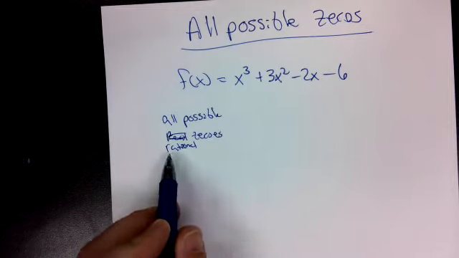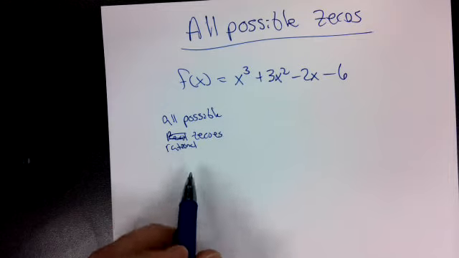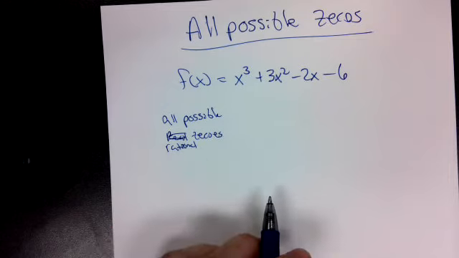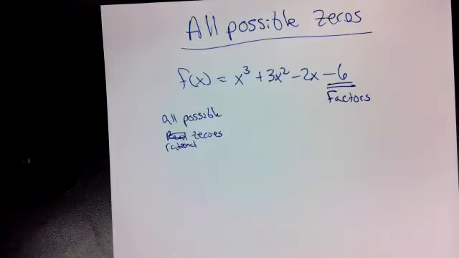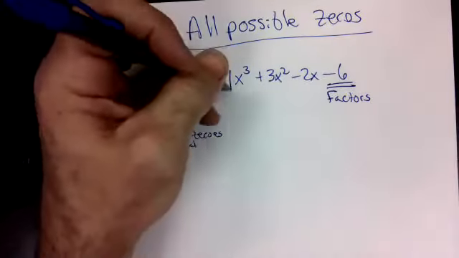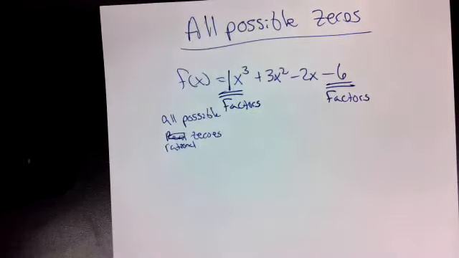That says rational. If you can't read my chicken scratches, R-A-T-I-O-N-A-L, rational zeros, is all of the factors of this guy divided by all of the factors of this guy.